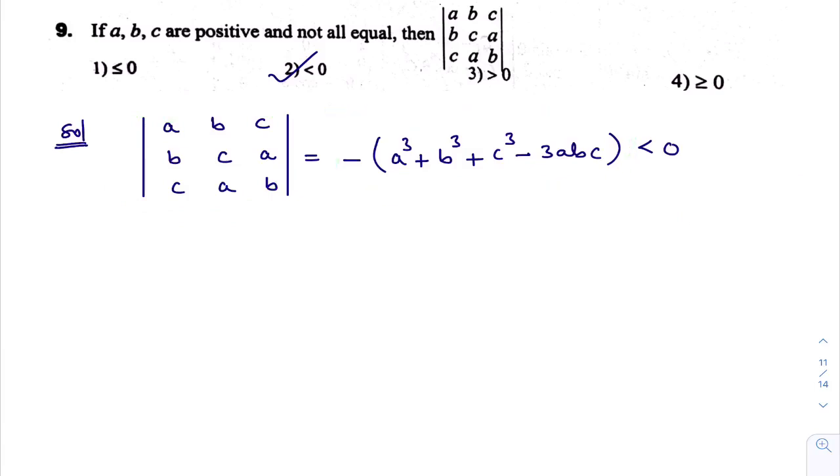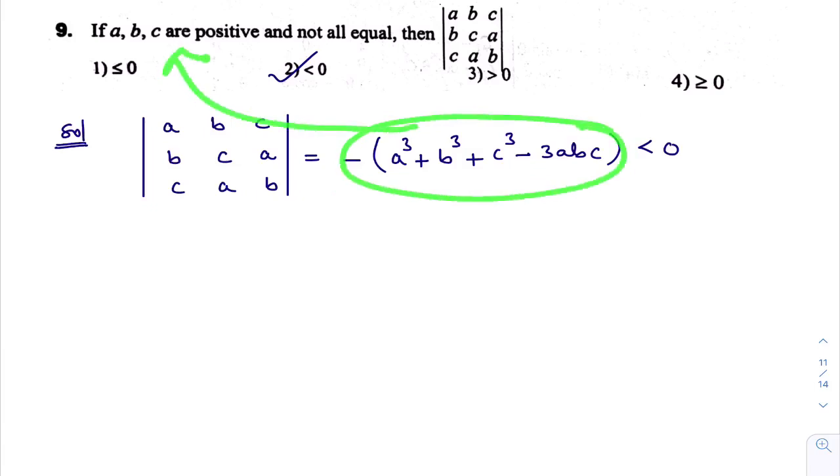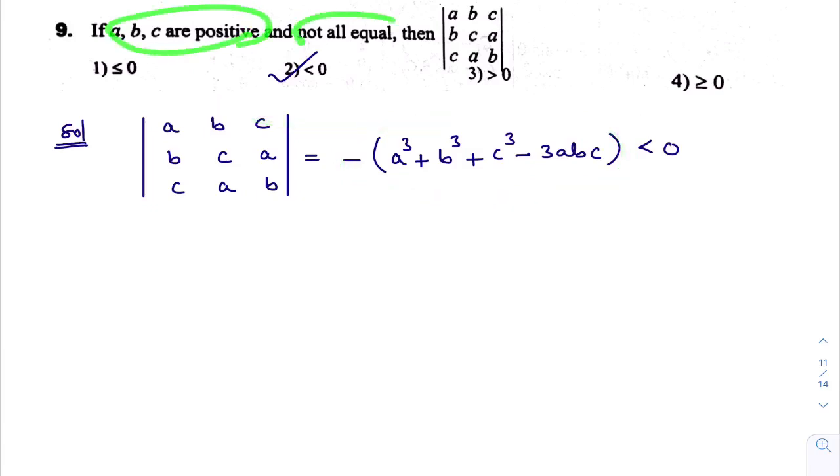Here, clearly you can understand this value is negative because they have given that A, B, C are positive. Or else, if you have any doubt, just take 3 positive numbers which are not equal. You take A 1, B 2, C 3. You can easily check that A cube plus B cube plus C cube minus 3ABC is a positive value. Here the minus sign is there, so obviously its answer is less than 0. So for this, the second option is the right option.